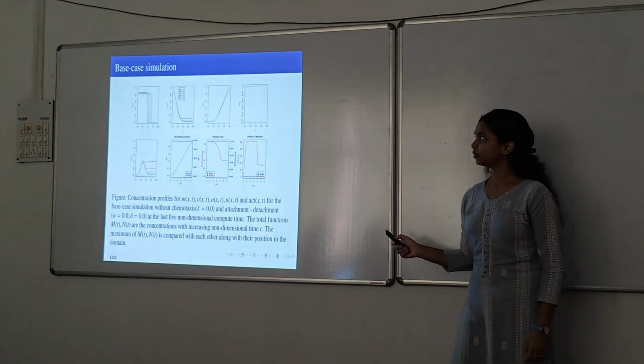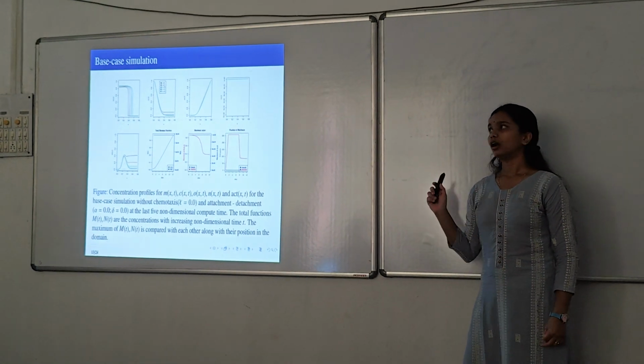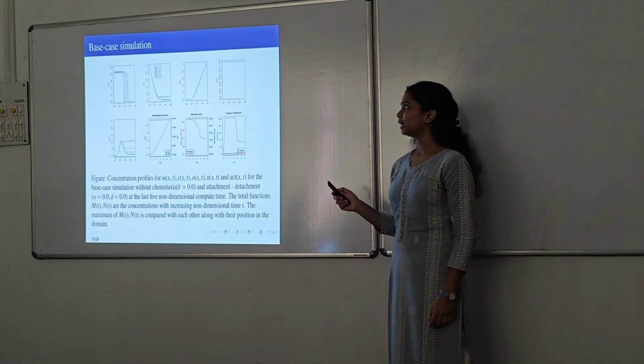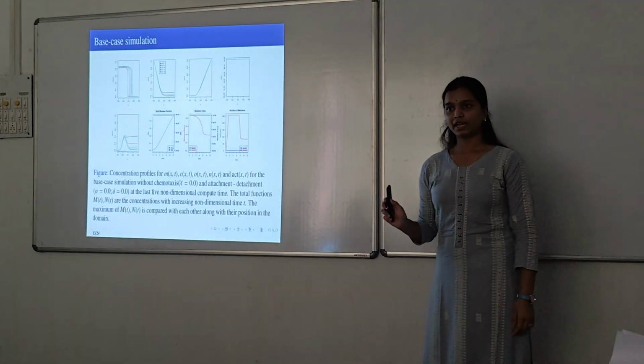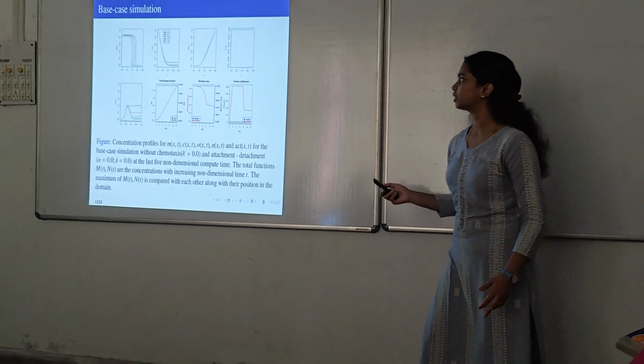So the base case simulation only consists of the diffusion of both types of bacteria, the substrate uptake by M, not by N, and the diffusion of M, which I already said.